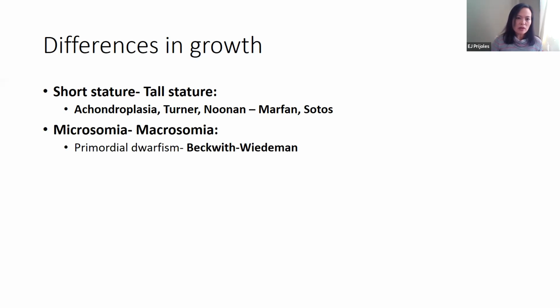And you can also think about growth in terms of whether individuals are small altogether or have microsomia with primordial dwarfism, or syndromes where there's macrosomia, so full body is overgrown, like Beckwith-Wiedemann syndrome.